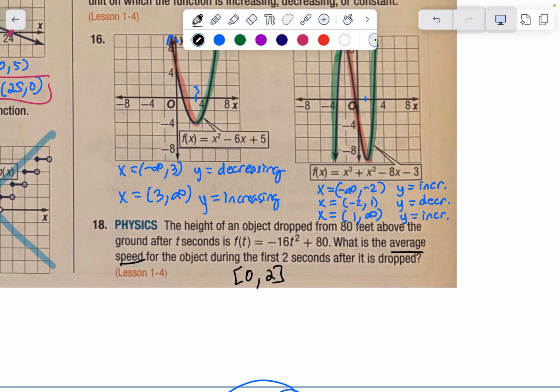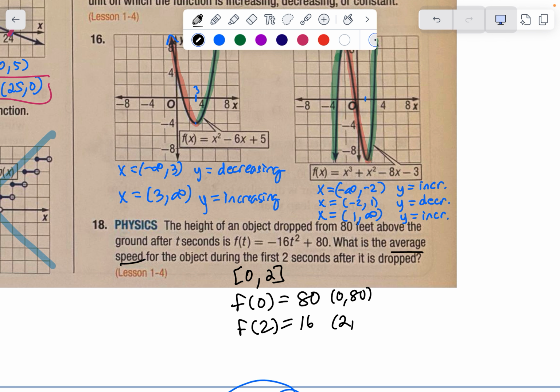If you plug in 0, you get 80. So that's the point (0, 80). If you plug in 2, you get negative 16 times 2 squared, or 4, plus 80, is 16. So that's the point (2, 16).